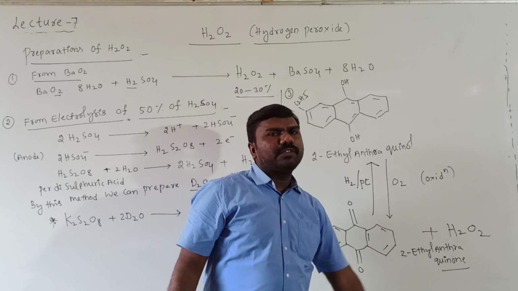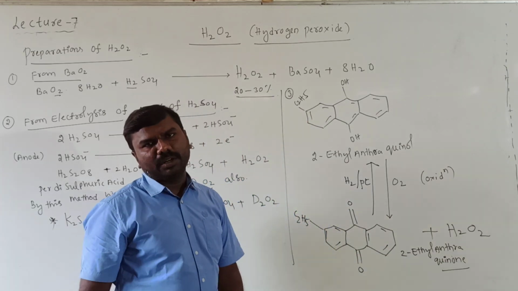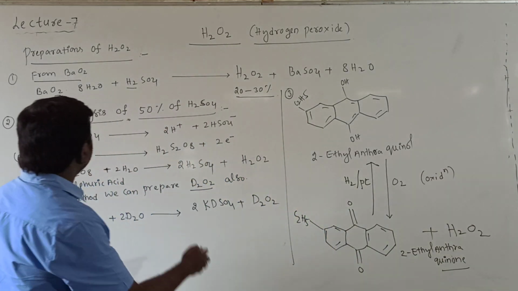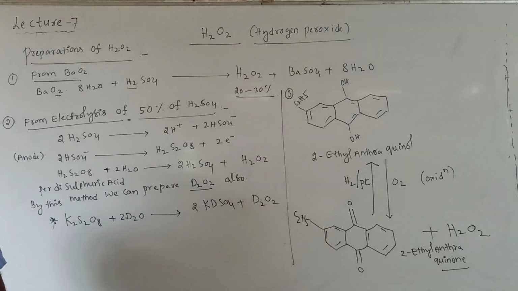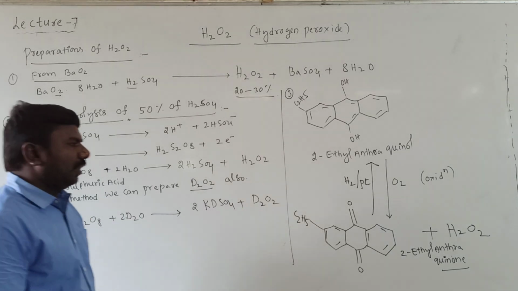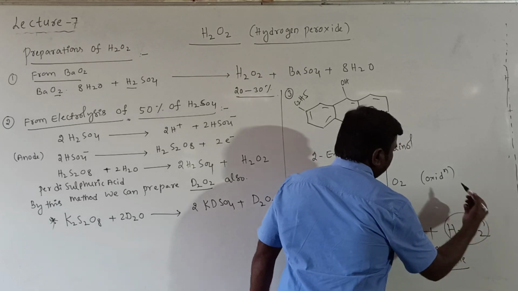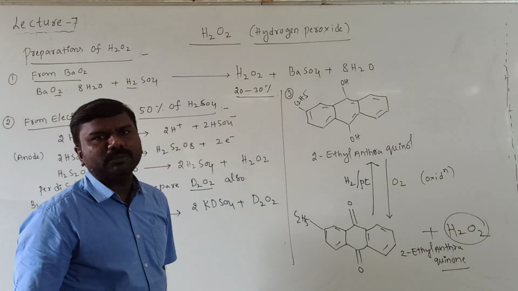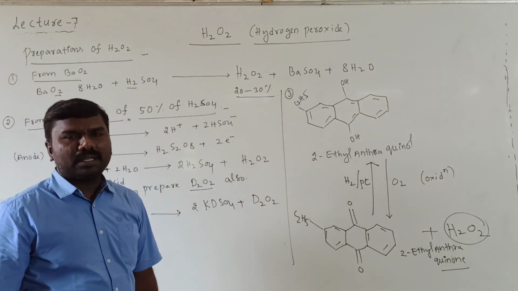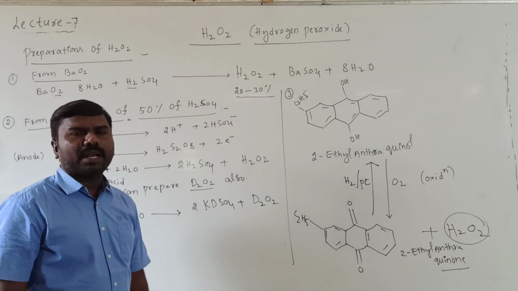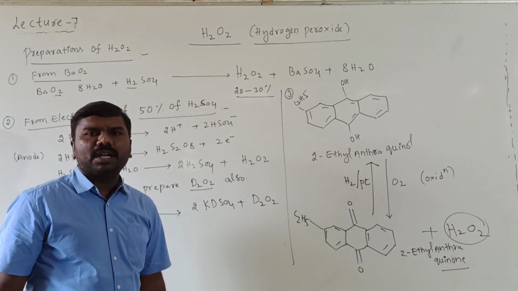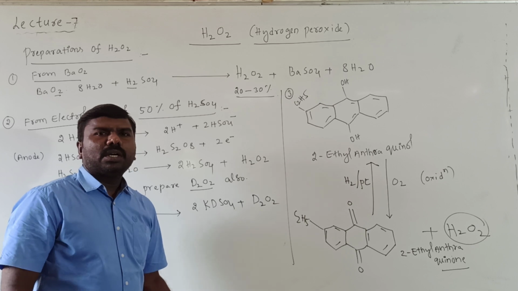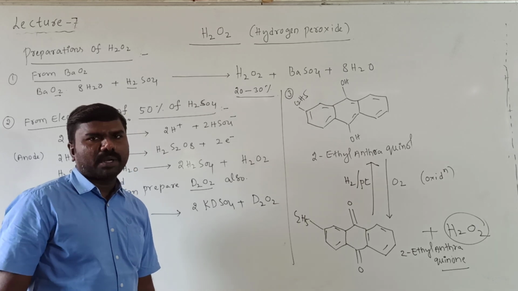Oxidation favors the formation of H2O2 but not reduction. These are the preparations of hydrogen peroxide. If you prepare hydrogen peroxide by these methods, at maximum you get 1% pure hydrogen peroxide. We need to convert that 1% into 100% hydrogen peroxide.